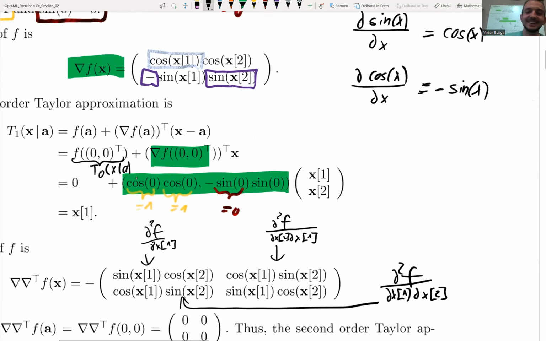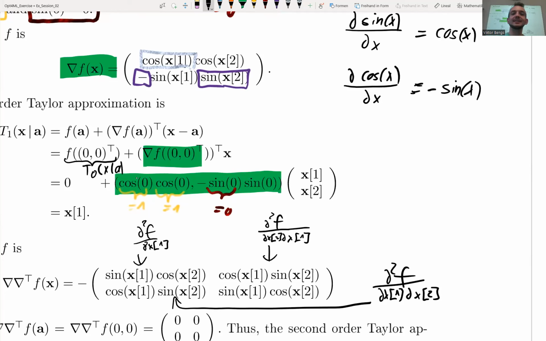Then let's see. All right, we look at the second component of the gradient, and now we have to differentiate here with respect to the first component, right? Yes. Okay, but we have a minus in front of that, and then compute the derivative, and then it's minus cosine x1 times sine x2.